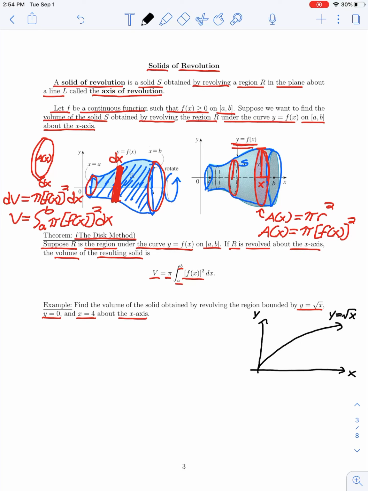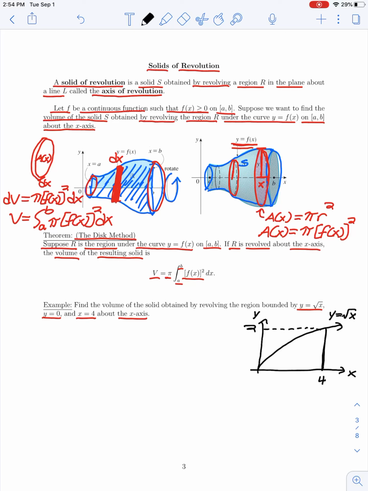The line y equals 0, which is our x-axis that we've already shown. And the line x equals 4, which would be a vertical line passing through x equals 4. So our corresponding y value here would be 2, or square root of 4.